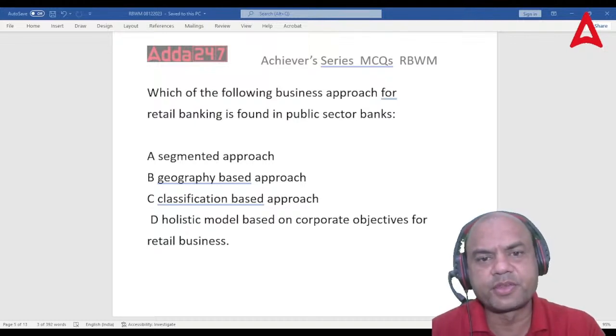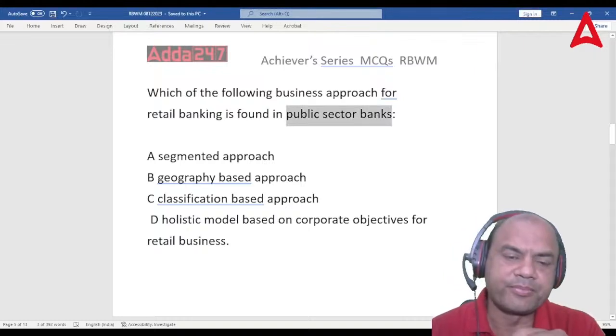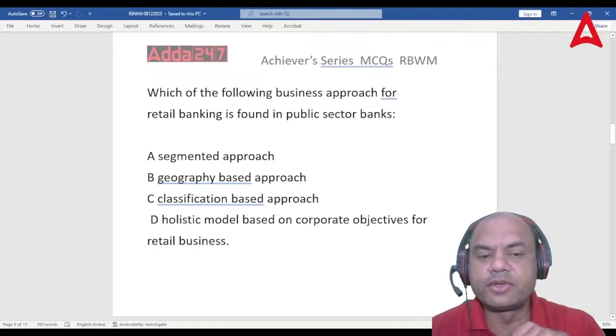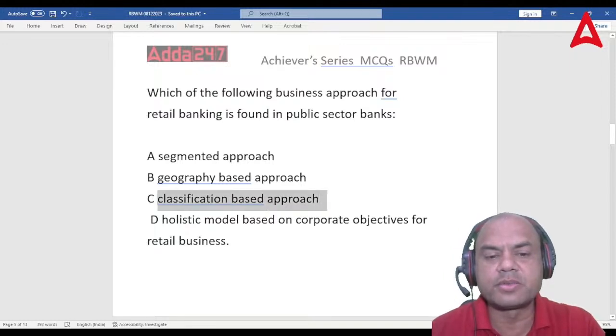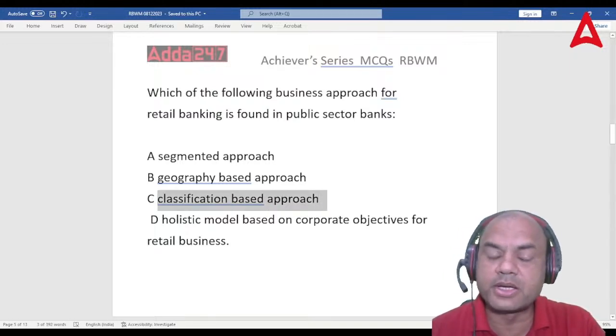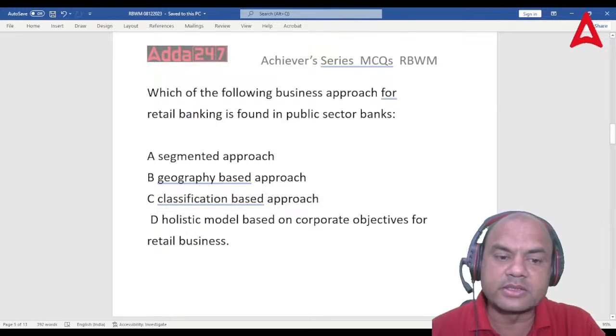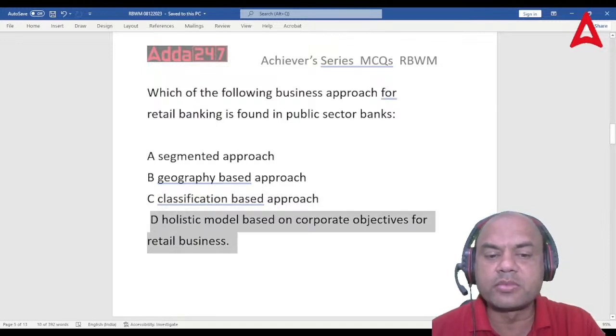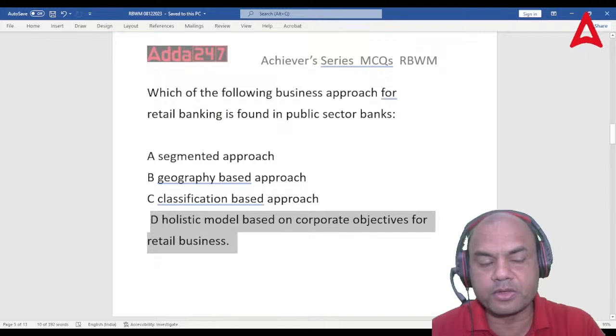Got the answer? Public sector banks, we generally feel that it is classification-based, urban, semi-urban, rural, but it's not that. The real answer is this: holistic model based on the corporate objectives for the retail banking.